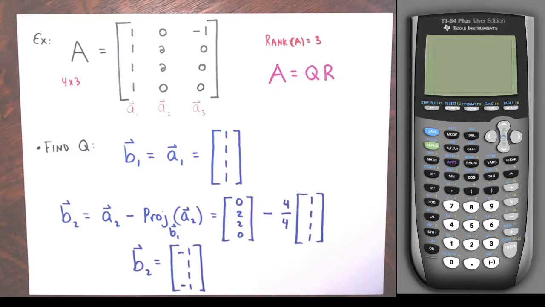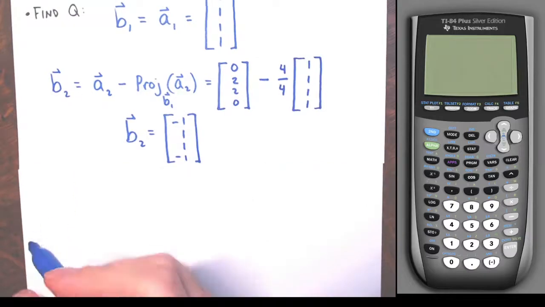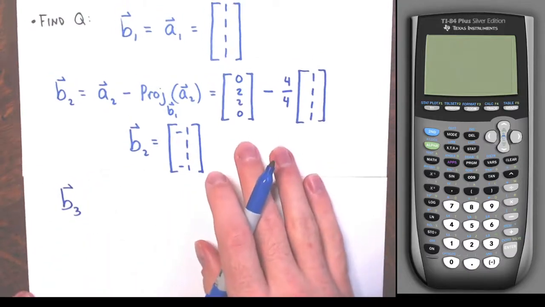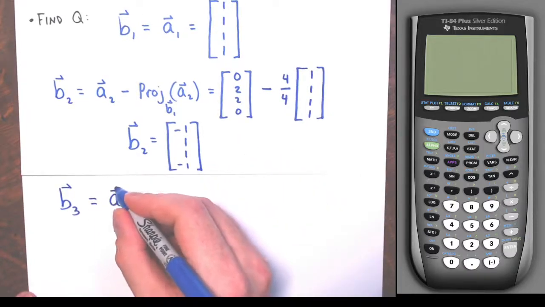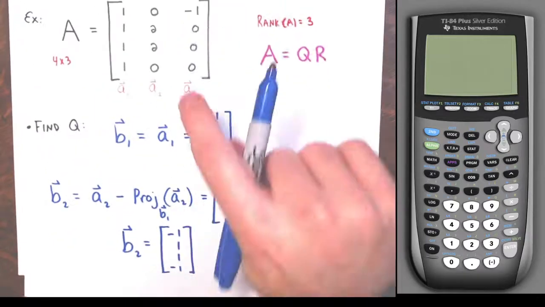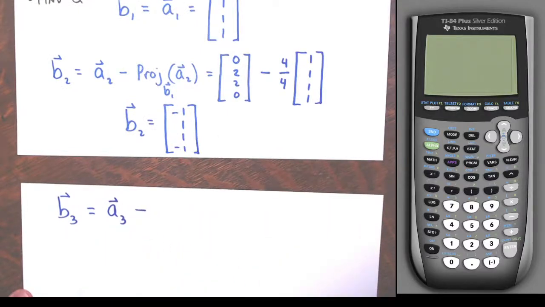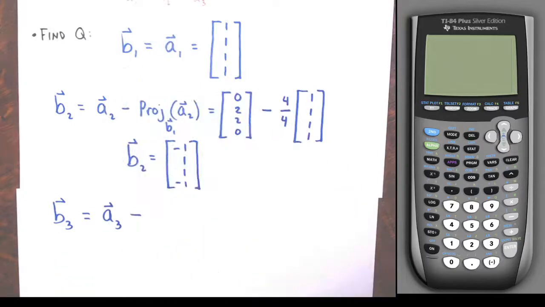All right, and then the third vector. This is like my example earlier with the 3 by 3 matrix. There were 3 columns. Same thing here, 3 independent columns. My third vector, say B3, from the orthogonal set I'm trying to create: I take the third vector from my independent set, A3, the negative 1, 0, 0, 0, and I subtract the projection of A3 onto B2 and B1, the previous two vectors I found in the orthogonal set.